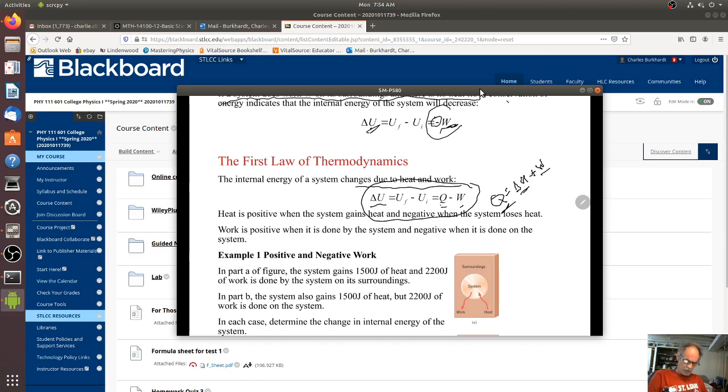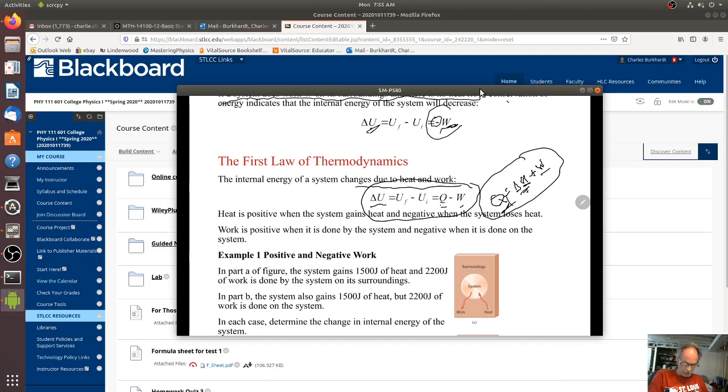So if I dump 200 joules of heat into a system, a gas for instance, some of it's going to go into increasing the temperature, and some of it's going to go into doing work if the gas expands. So these symbols are not universal. Some people use capital E here for energy, internal energy.